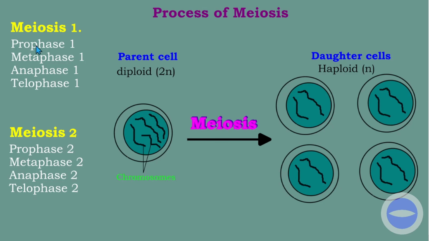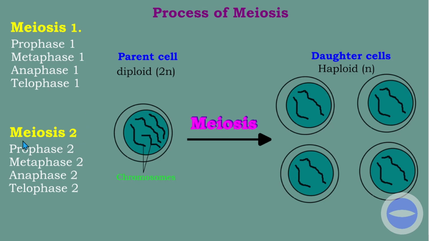Meiosis 1 contains prophase 1, metaphase 1, anaphase 1, and telophase 1. So you must be able to explain this process using sketches, because during the exam they will show you a sketch and ask you which phase this is. So you must be able to interpret these phases using sketches.